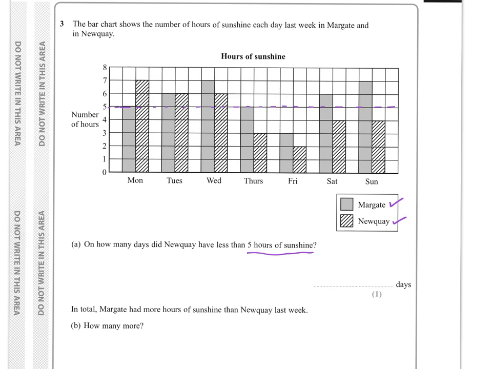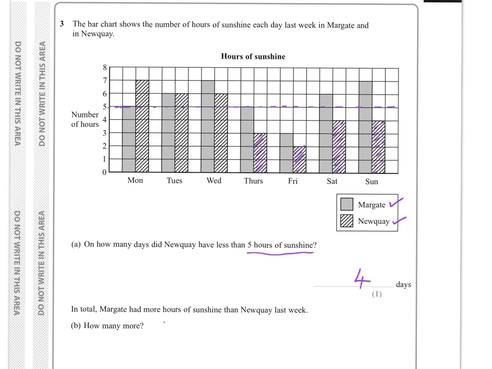So we can clearly see that we had 1 day, 2 days, 3 days, there's 4 days there where there was less than 5 hours of sunshine. It then says, in total, Margate had more hours of sunshine than Newquay. How many more? Well, let's have a look.